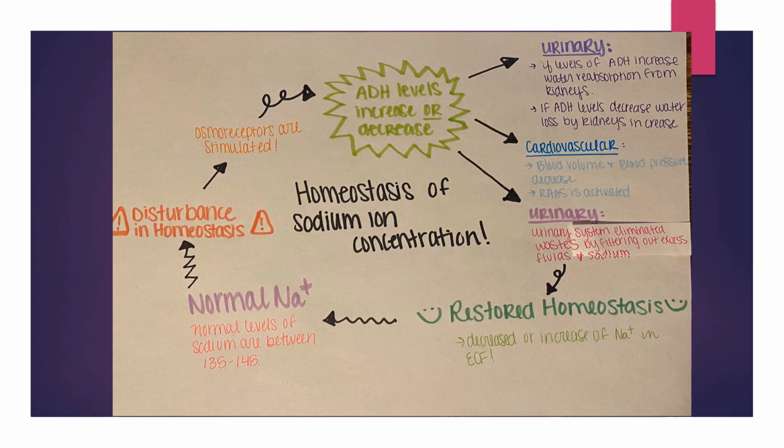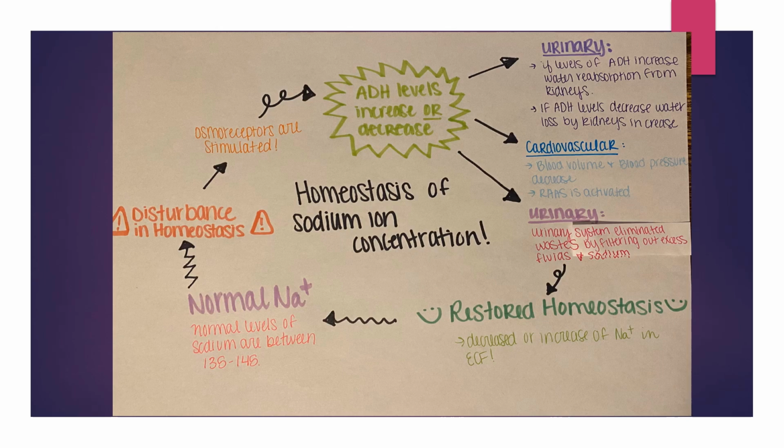Our urinary system eliminates waste by filtering out the excess fluids and the sodium, which is promoted whenever we are drinking the water. Our homeostasis is then restored by decreasing the amount of sodium in our extracellular fluid. Thus, a normal sodium level has been achieved.